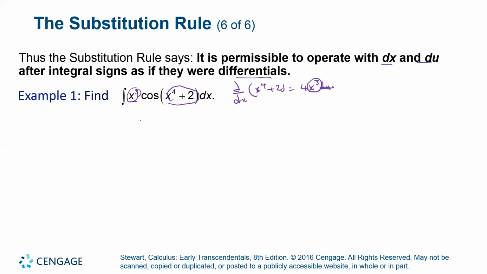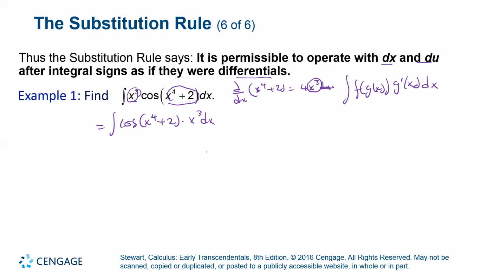So it is of the form f of g of x times g prime of x dx. I can rewrite this as the integral of cosine of x to the 4 plus 2 times x cubed dx.